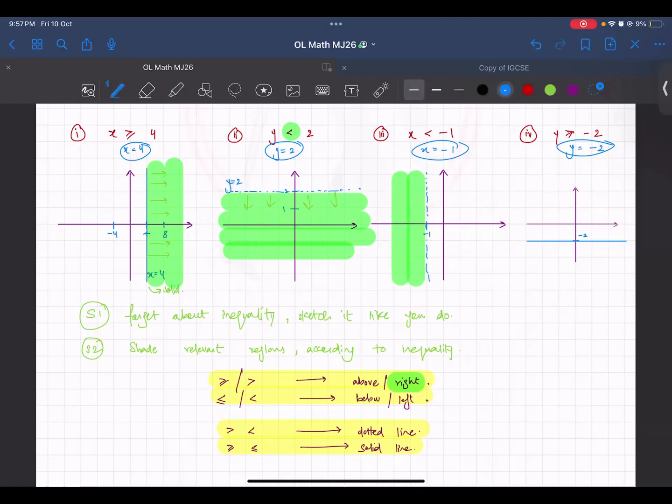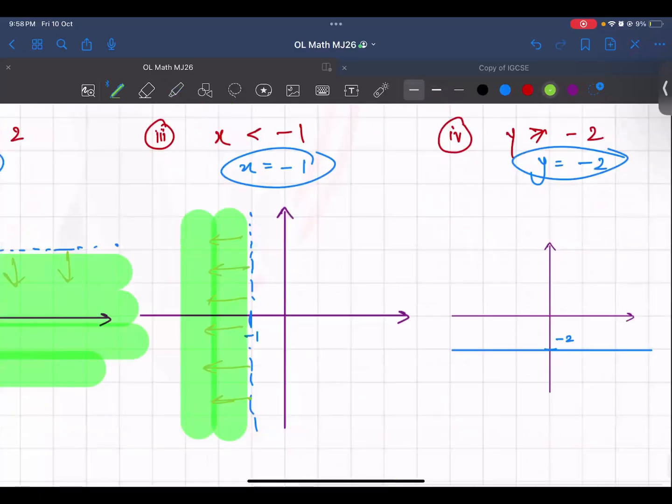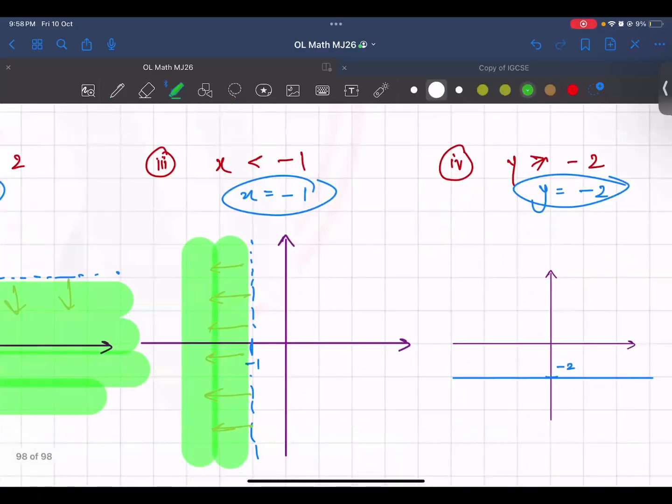Okay, to the left side. And lastly, this would be a solid line and everything above because it is more than. Above.